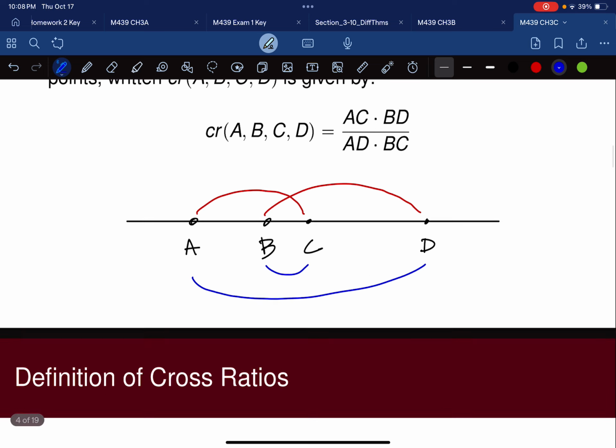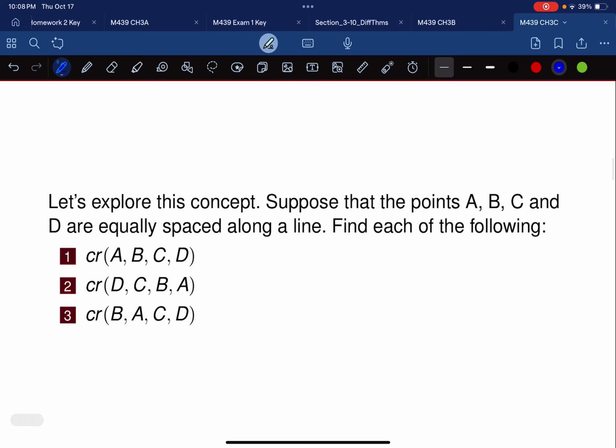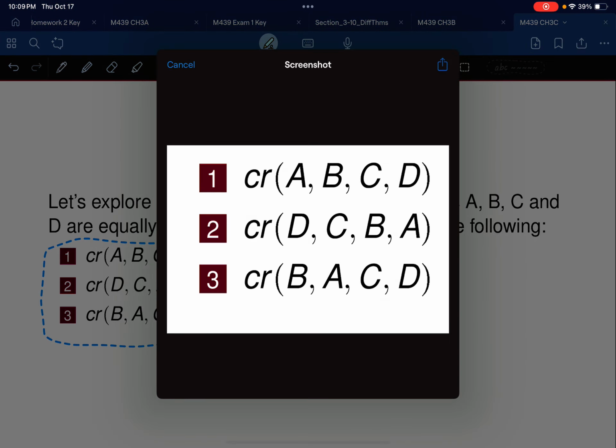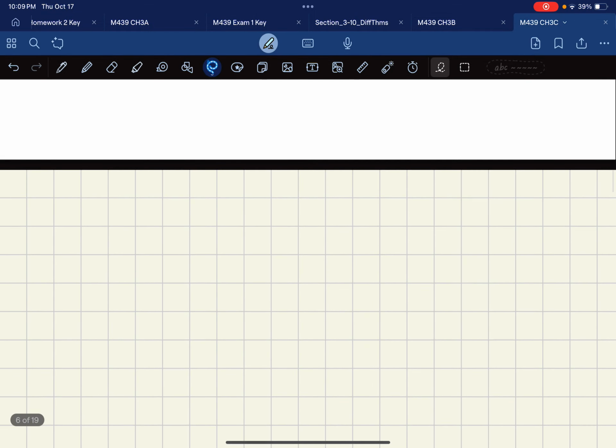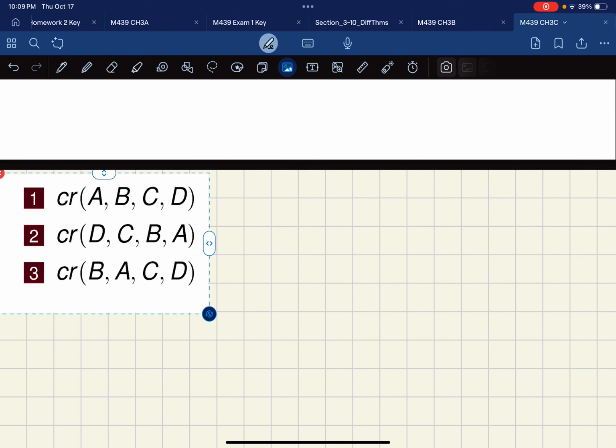Let's go ahead and practice a little bit with it. Let's explore the concept and suppose that the points A, B, C, and D are equally spaced along a line. And for each, let's find each of the following. So I'm going to go ahead and copy this and throw it on the next page so that we have it sitting there.